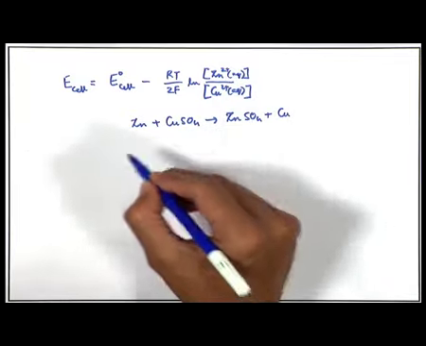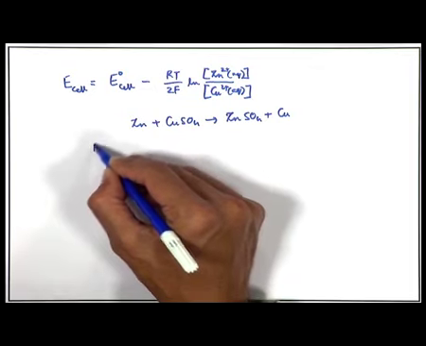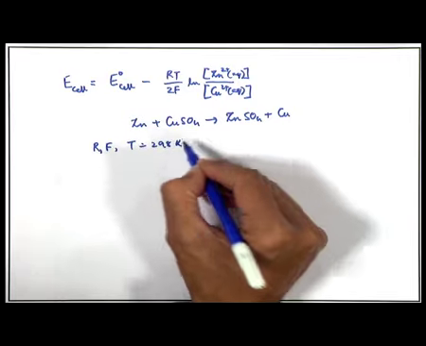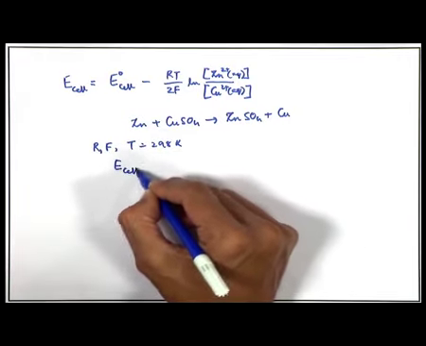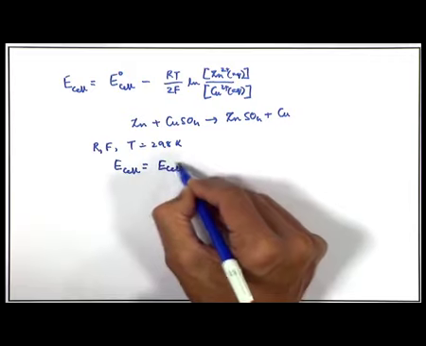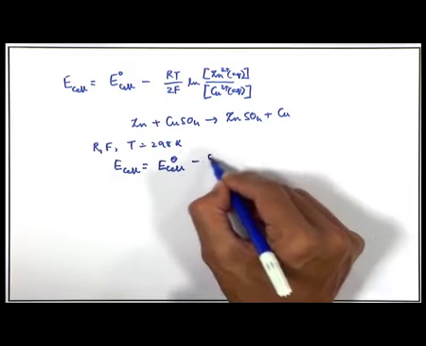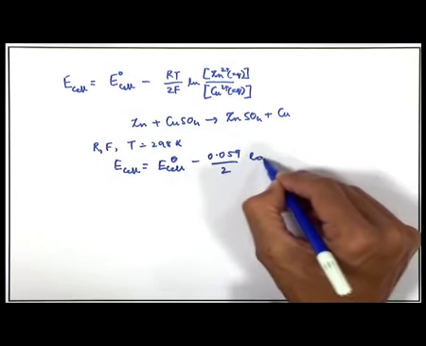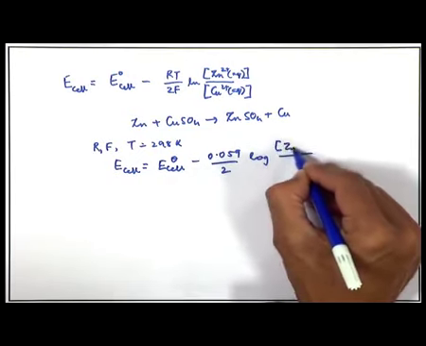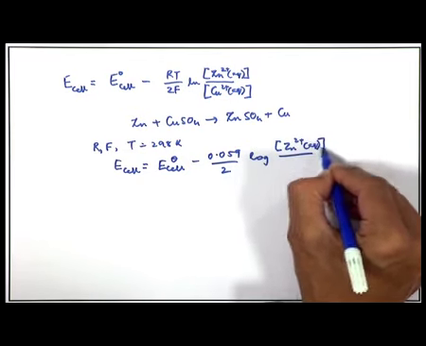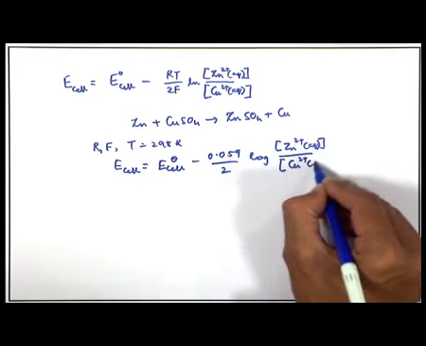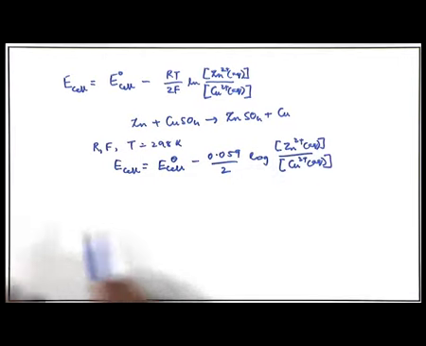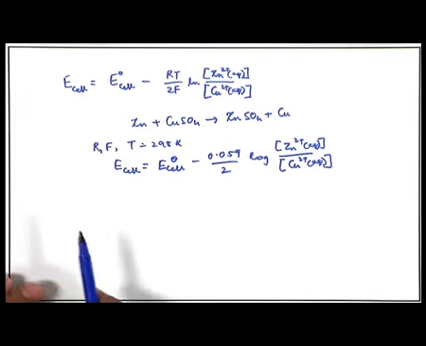If you plug in the values of R and F, and put T equal to 298 Kelvin, you will end up with E cell equal to E0 cell minus 0.059 by 2 log zinc 2 plus aqueous by Cu 2 plus aqueous. So, this is the expression for the E cell for the Daniell cell.